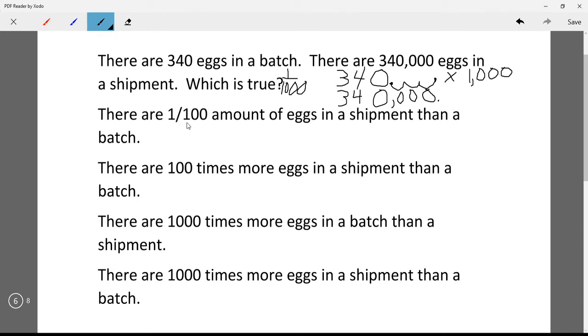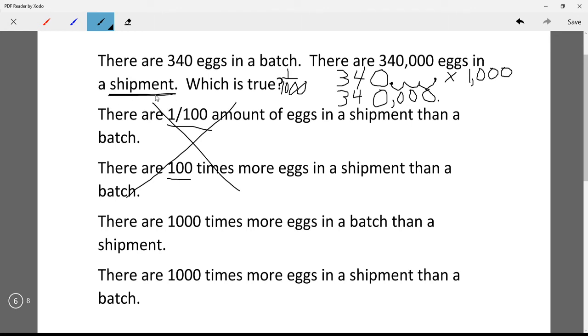So we can go through, and since we know it's 1,000, we can cross these ones out that talk about 100, right? And so now we're just looking at there are 1,000 times more eggs in a batch than a shipment, or there are 1,000 times more eggs in a shipment than a batch. So which one has more?